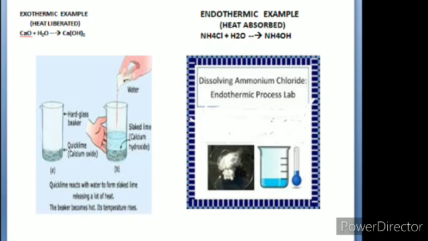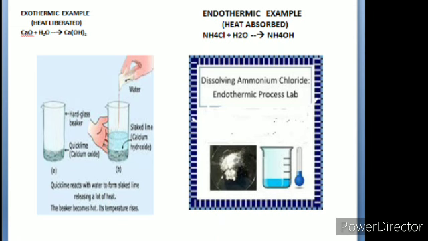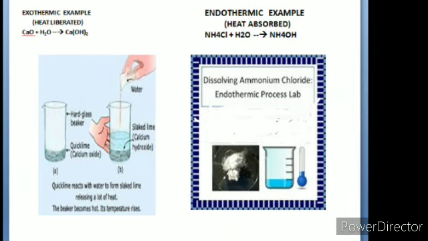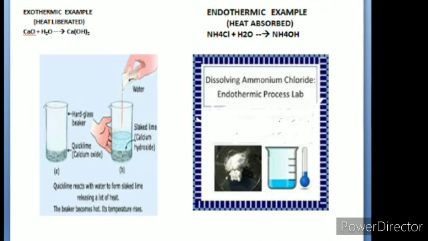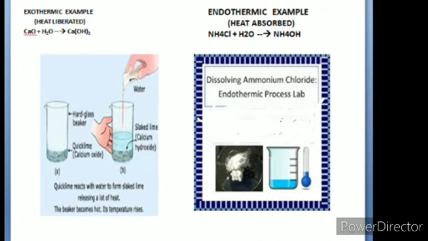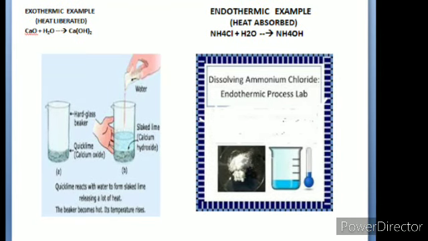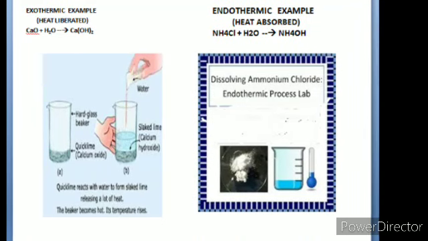So photosynthesis is considered to be an endothermic process. Now let's discuss one more example of these two kinds of reactions. First we will discuss exothermic. As we read, in exothermic reaction, the heat is liberated out from the reaction. Let's take the example of calcium oxide reacting with water.